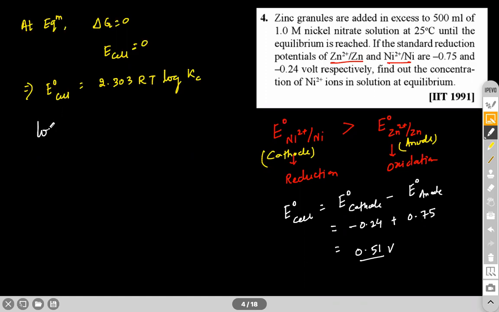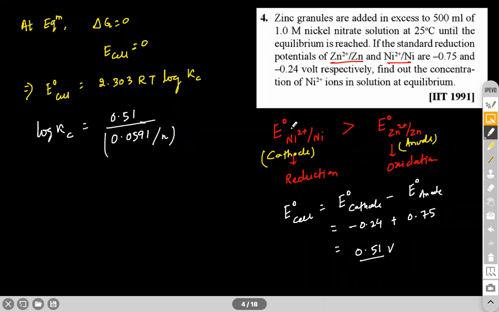So log of Kc is equals to 0.51 divided by 2.303 RT, which is nothing but 0.0591 divided by n.